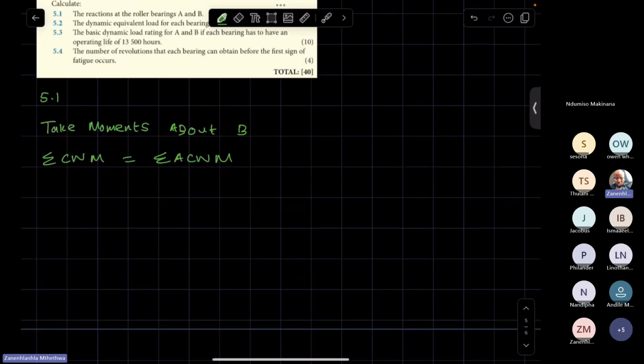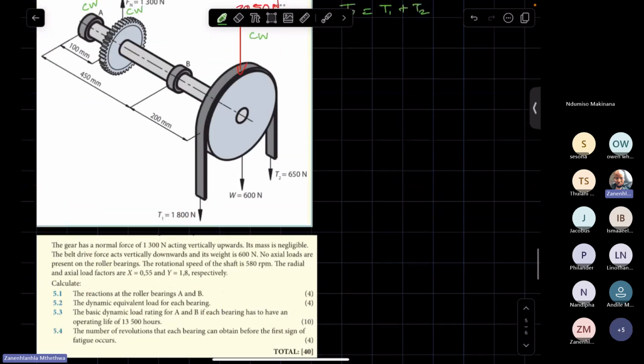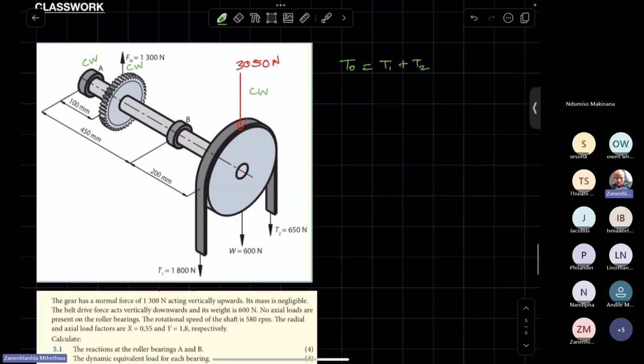So you have the reaction at A times the distance from A to where we are taking moments, the distance between A and B, which is 450.